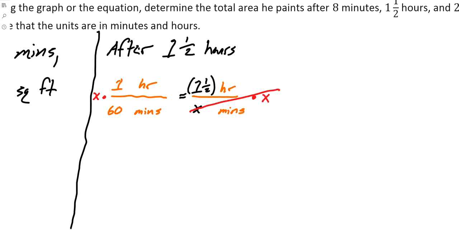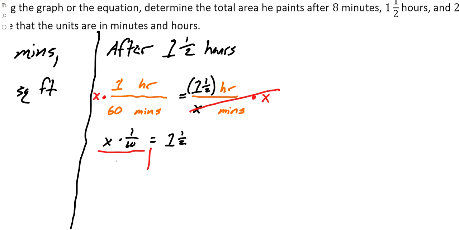This cancels out on this side. And we'll just keep going here. x times 1/60 equals 1.5. That's what's left over here. And even though this goes all around, I'm just trying to find out what x is in this case.